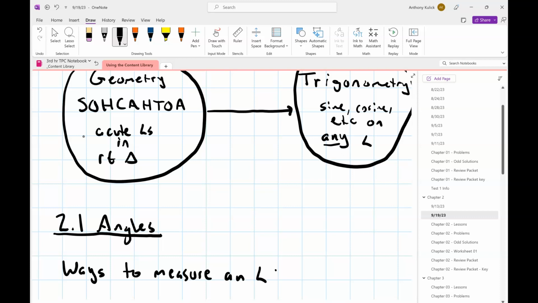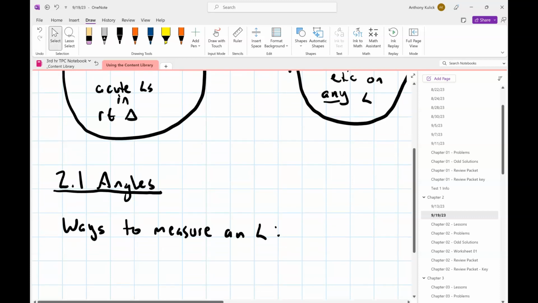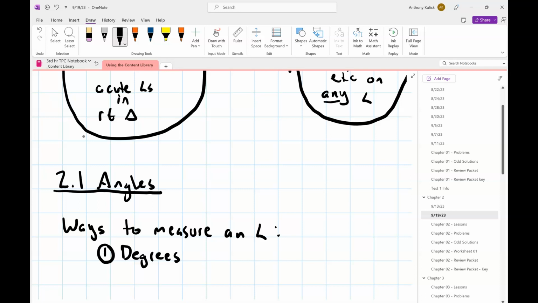So we want to talk about the different ways we have to measure angles. One way we have to measure an angle is with degrees. That's what you guys would have used almost exclusively in geometry. And another way is radians, and there's a third way called gradians, but you don't need to worry about that as a high school student.